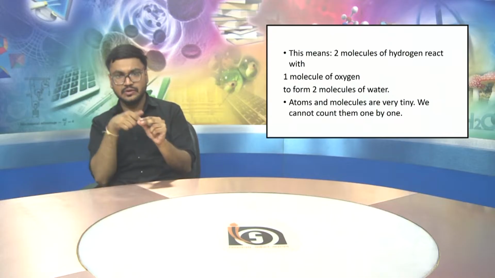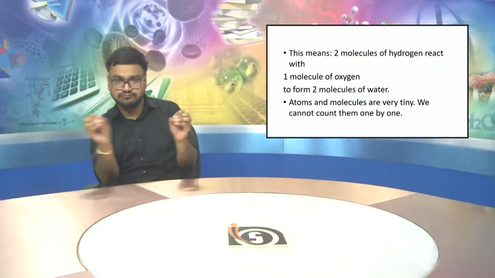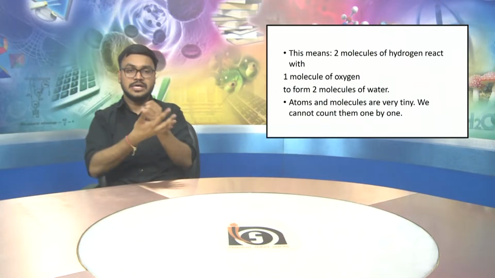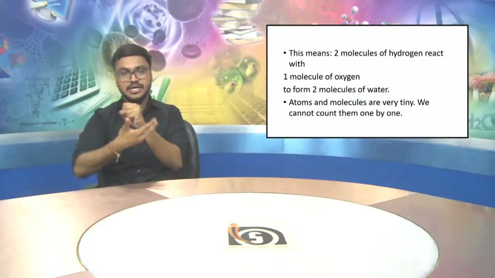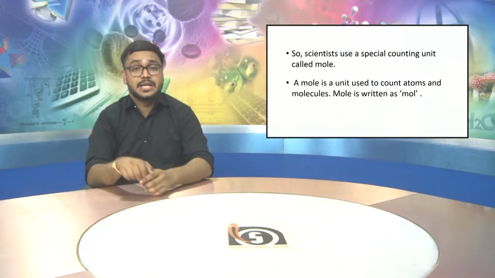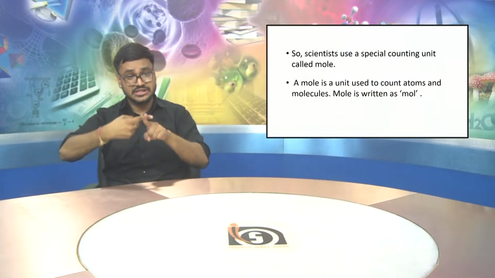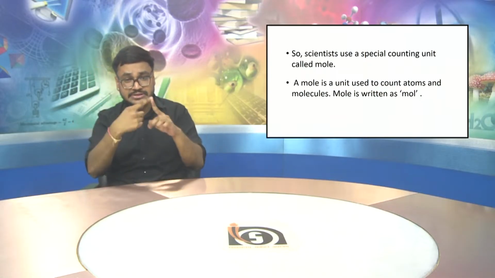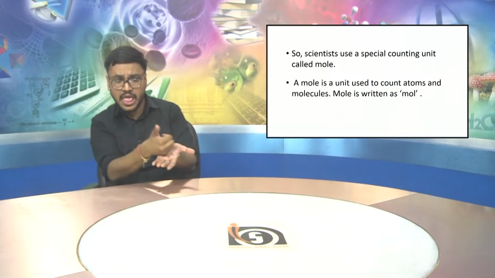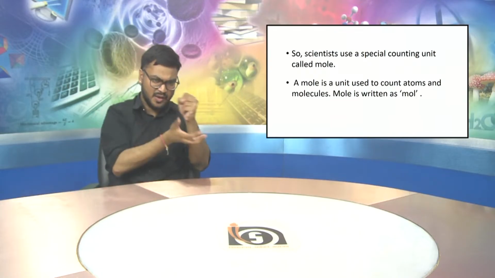Atoms and molecules are very tiny. We cannot count them one by one and we cannot see them with our naked eye. So that's why scientists use this special counting unit which we call mole.